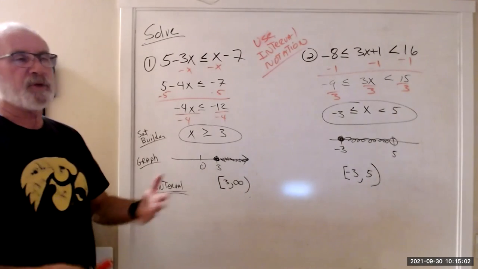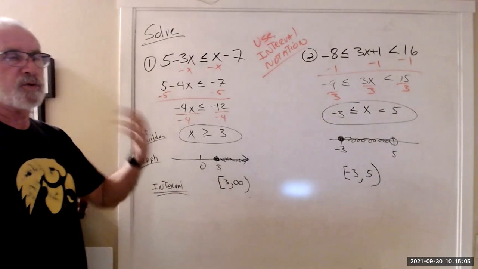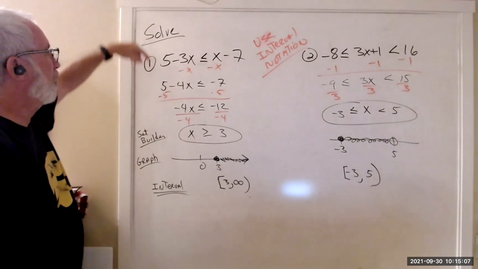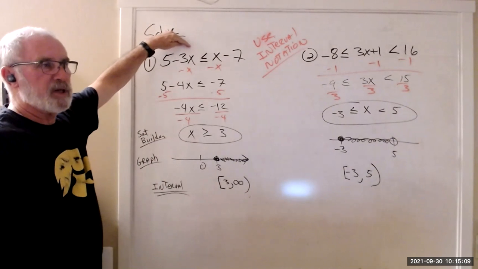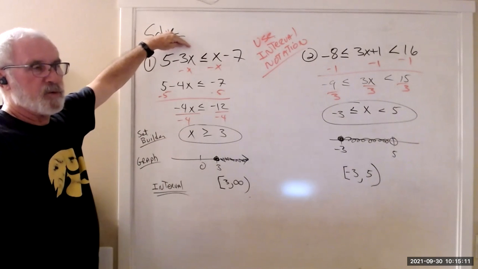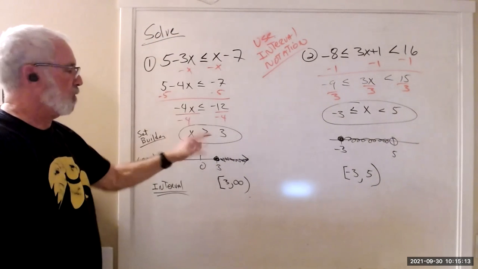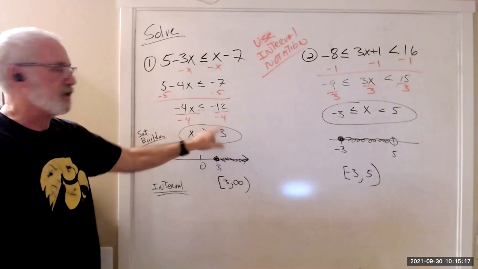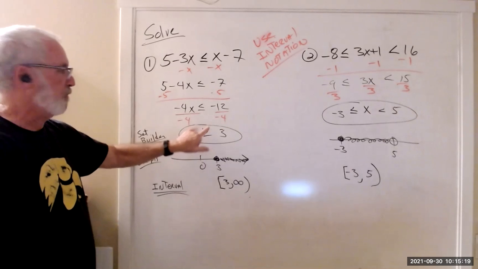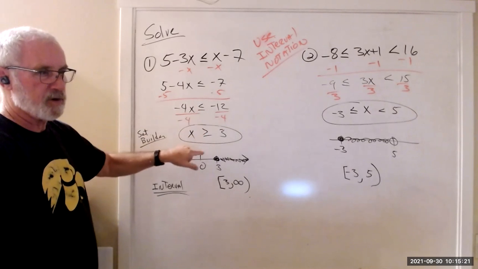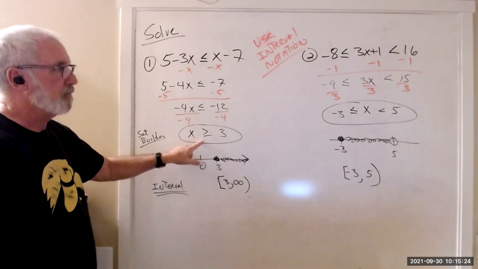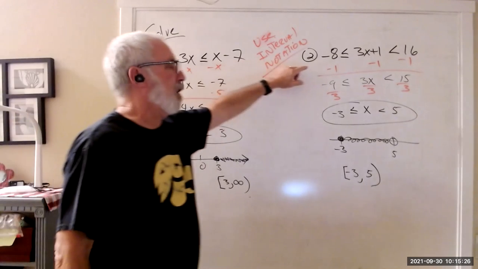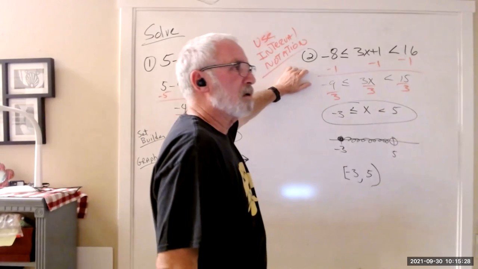So a couple ideas here. First, when solving what's called a simple inequality, you have to remember that you flip the inequality symbol if you divide or multiply by a negative number, in this case, -4. You flip the inequality from less than to greater than, or greater than back to less than. Okay, this was called a compound inequality.